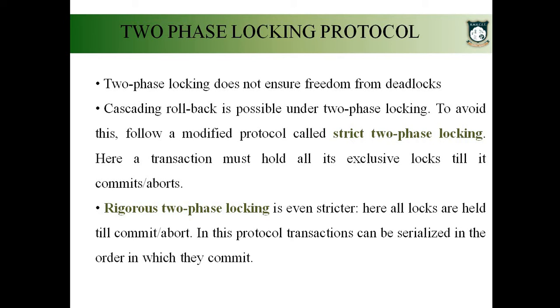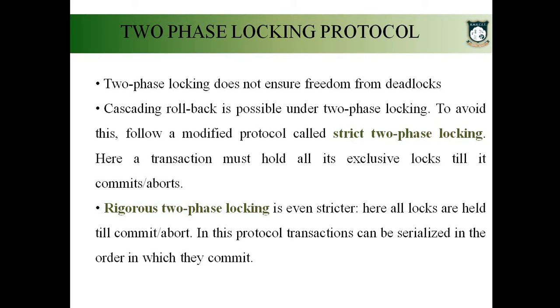Whatever lock the transaction has obtained, the lock will be released only at the end of the transaction. In strict, the constraint is only for the exclusive mode locks, whereas in the rigorous two-phase locking protocol, both the shared mode locks and also the exclusive mode locks will be released only at the end of the transaction.